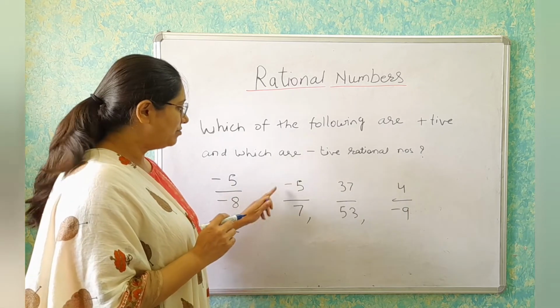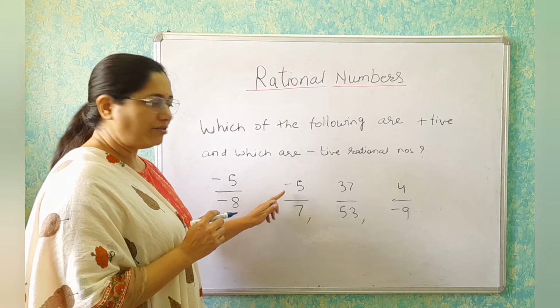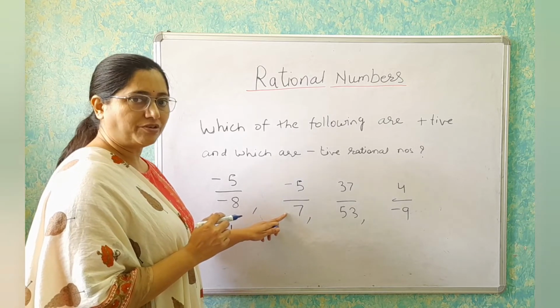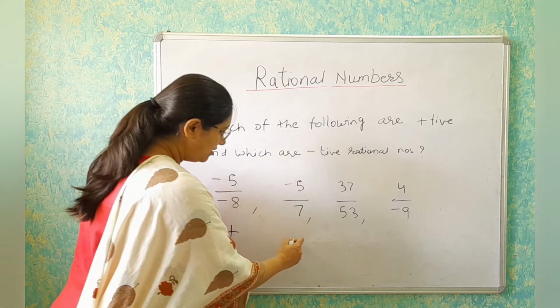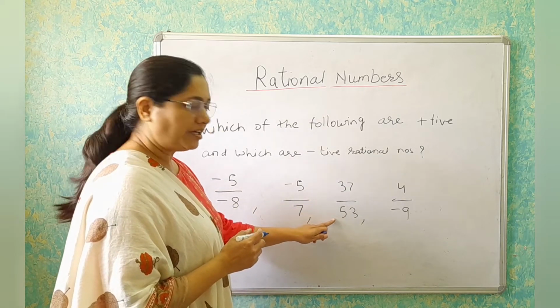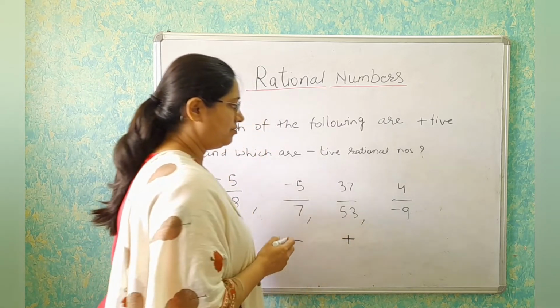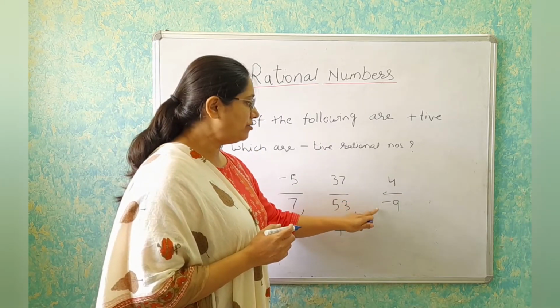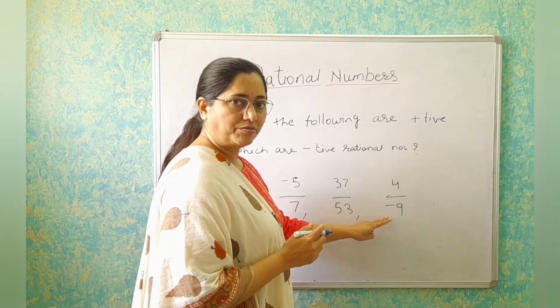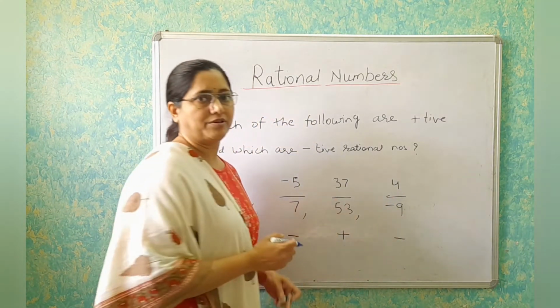Second example, minus 5 divided by 7. The numerator is negative and the denominator is positive, so it is a negative rational number. Third one, both the numerator and denominator are positive, so again it's a positive rational number. 4 upon minus 9. The denominator is a negative integer, so it's a negative rational number.